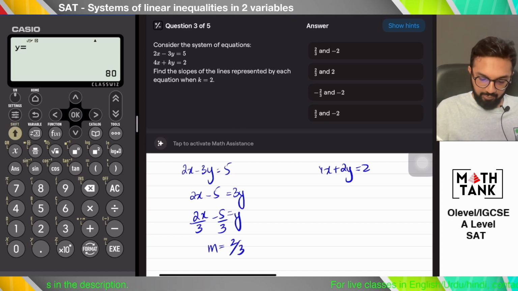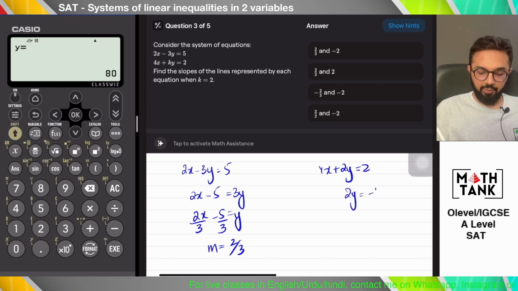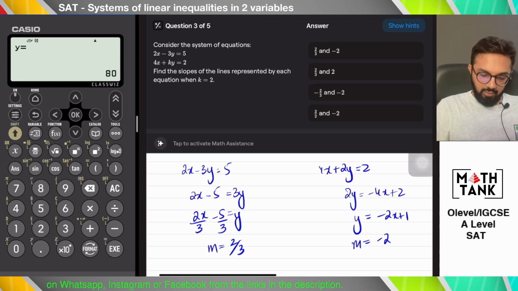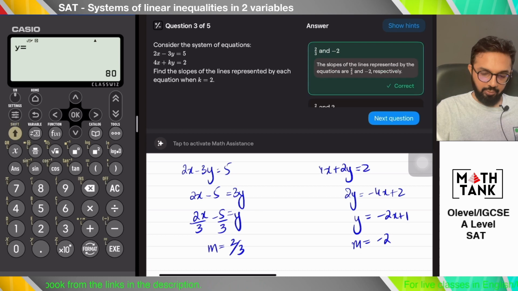Okay, so the first slope is 2 over 3. What about the other slope? It's y equals minus 2x plus 1. Okay, so the slope is minus 2. That should work.